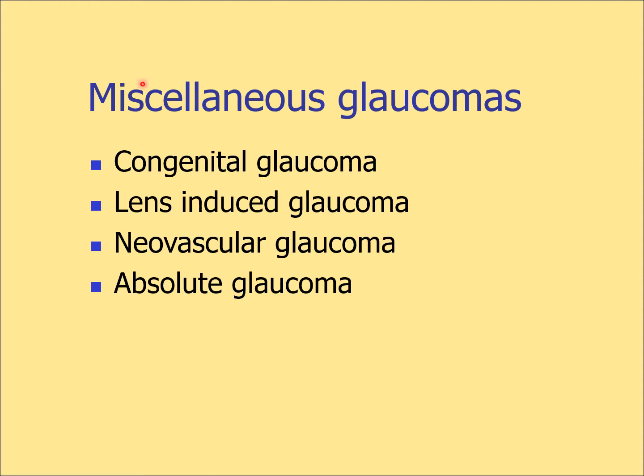The glaucomas that we have included in this talk are congenital glaucomas, lens-induced glaucomas, neovascular glaucoma, and absolute glaucoma. Congenital glaucoma is a separate entity, while the lens-induced and neovascular glaucoma can induce glaucoma by different mechanisms, so we have discussed them separately, and the absolute glaucoma is the end stage of all the glaucomas.